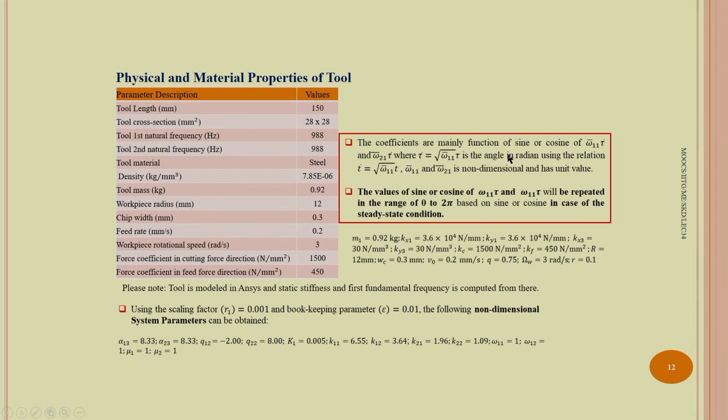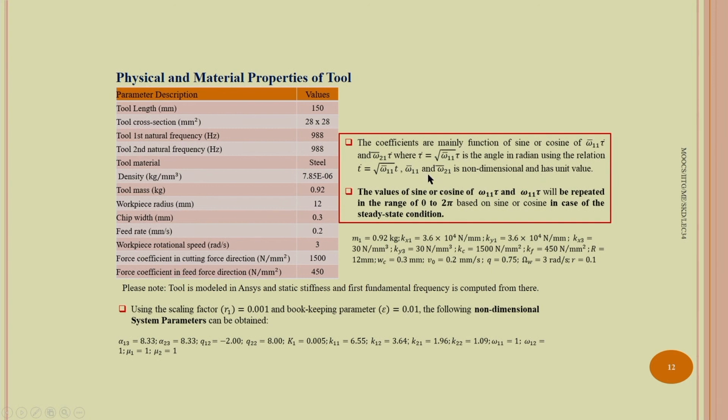The coefficients are mainly functions of sine and cosine of omega 1 tau and omega 2 tau, where tau bar is the angle in radian, using the relation tau bar equal to root over omega 1 bar t. So, omega 1 bar and omega 2 bar are non-dimensional and have unity value.